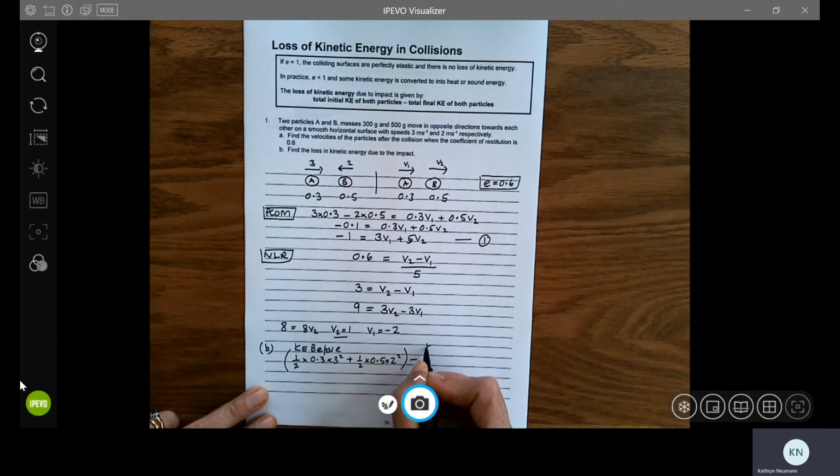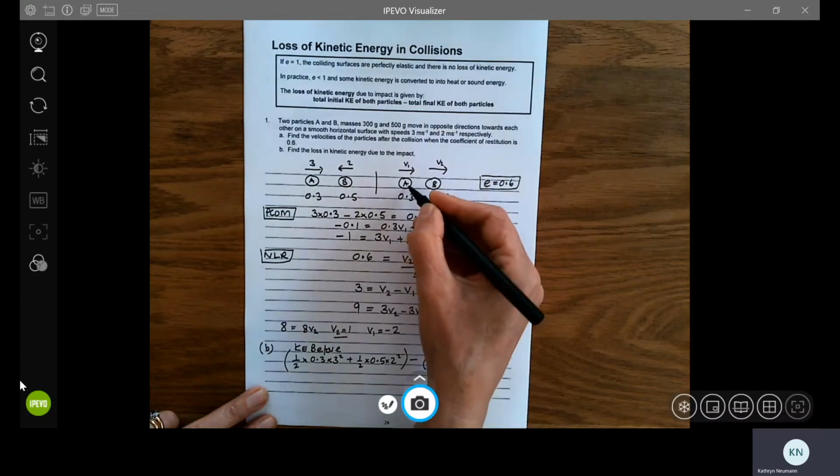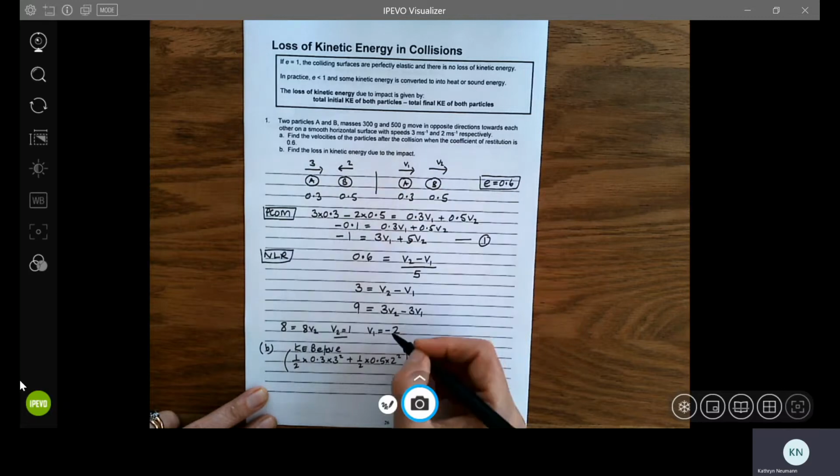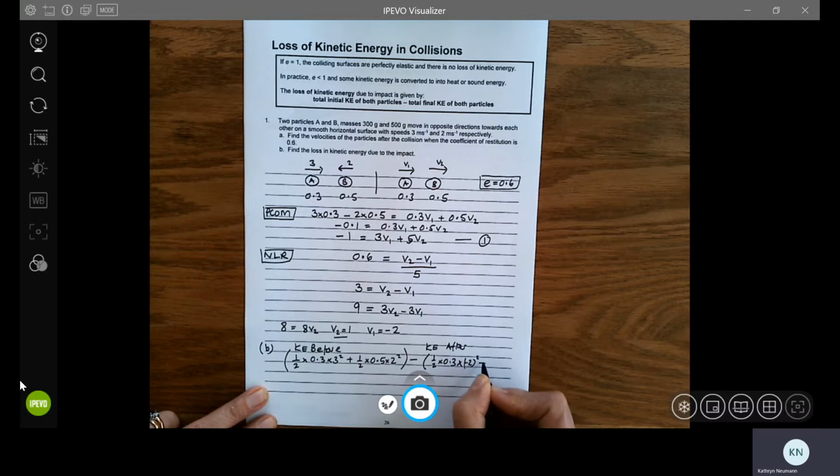Take away the kinetic energy afterwards, or final, because it's lost kinetic energy, and that's going to be a half multiplied by 0.3 multiplied by, now make sure we get the right velocity with the right particle, V1 is minus 2, so it's going to be 2 squared, it's the speed squared, plus a half times 0.5 multiplied by 1 squared.